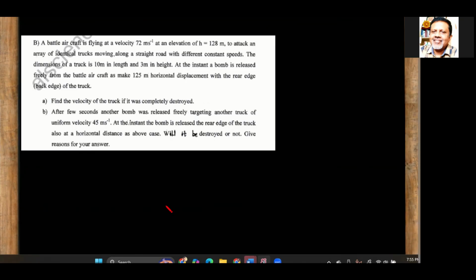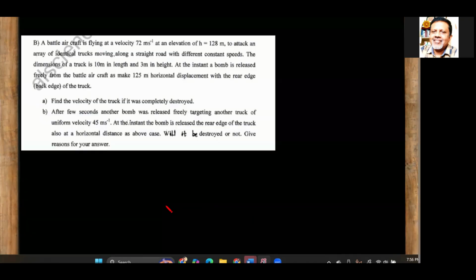The dimensions of a truck is about 10 meter in length and 3 meter in height. At the instant a bomb is released freely from the battle aircraft, it makes 120 meter horizontal displacement with the rear edge, back edge of the truck. Find the velocity of the truck if it was completely destroyed.